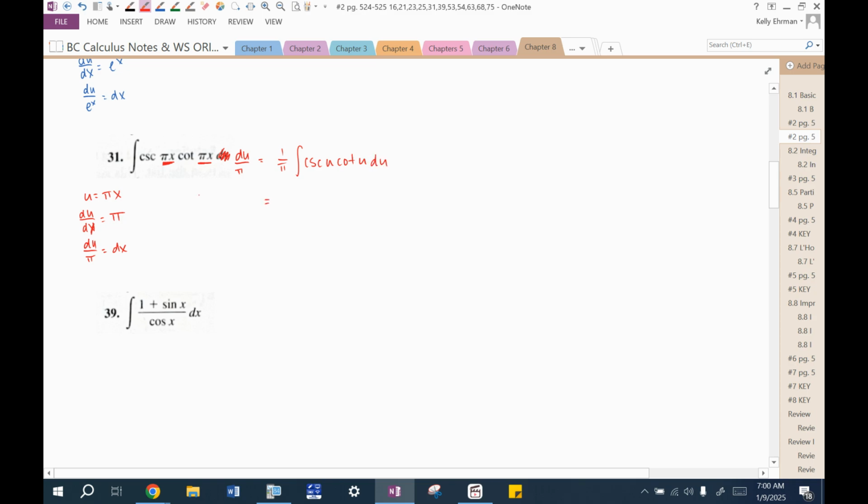And, oh, I think I did that derivative wrong. That derivative was negative. Let me write that correctly. The derivative of cosecant x is negative cosecant x cotangent x. So because there's no negative here, when we integrate, we're going to get a negative.